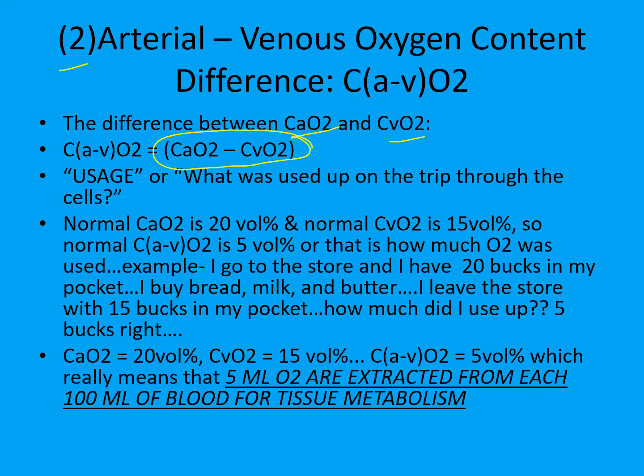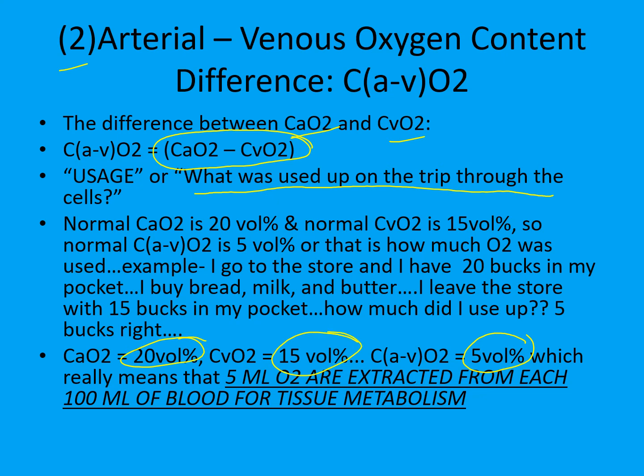And this is, as we've talked about before, how much the tissues use up when the oxygen goes from the arterial side back to the venule and the vein ultimately. So how much oxygen did the muscle consume as far as CaO2 and CVO2 are concerned? It usually consumes roughly 5 volumes percent, because a normal CaO2 is 20 volumes percent and a normal CVO2 is 15.